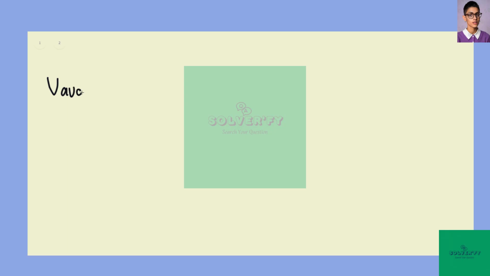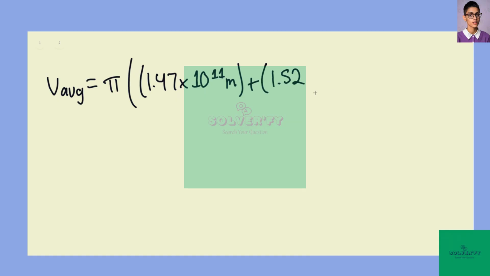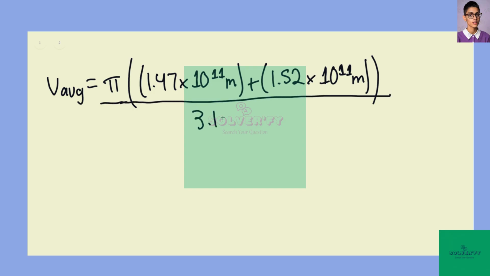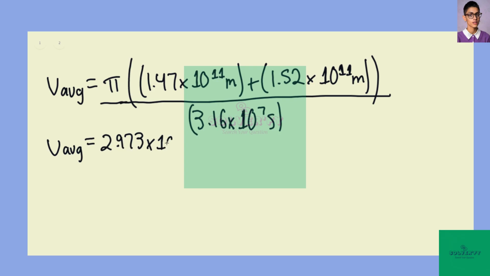So the average velocity is going to be equal to pi times 1.47 times 10 to the 11th meters, plus 1.52 times 10 to the 11th meters. And then this will be divided by the period of the Earth, 1 year, so 3.16 times 10 to the 7th seconds per year. And we have that the average velocity is going to be equal to 2.973 times 10 to the 4th meters per second.